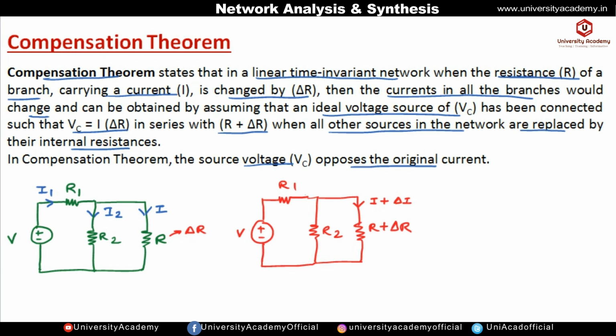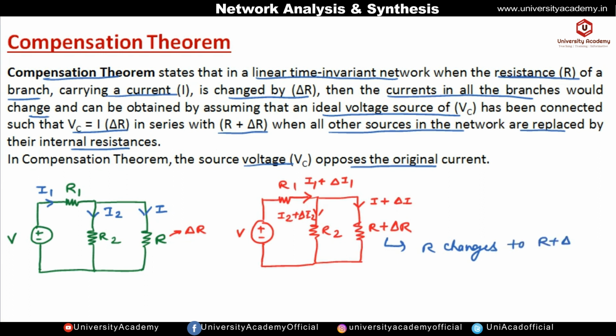The current flowing through R1 will be I1, the original current, plus delta I1, the change in current due to delta R, and we have to find out that change in current. And this will be I2 plus delta I2. This circuit is because the R value is changed to R plus delta R.